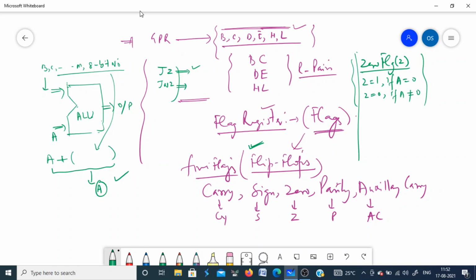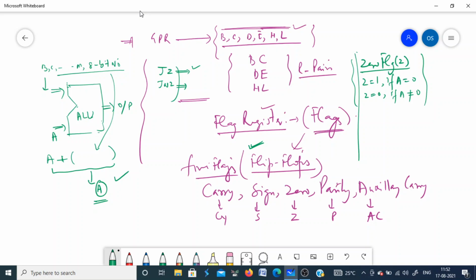If you increment or decrement the data in any register, maybe register B or C, the zero flag can be used to check whether the data is 0 or not. We will discuss this when we discuss timers and counters. It is a very important use of the zero flag, of course.